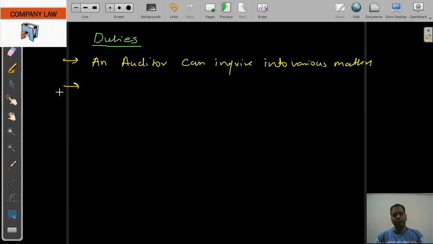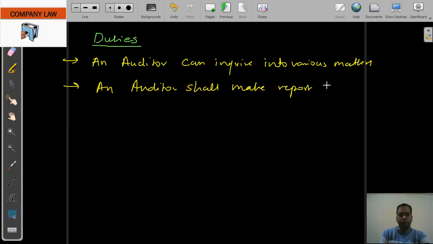The auditor shall make a report to the members of the company on the accounts examined by him.